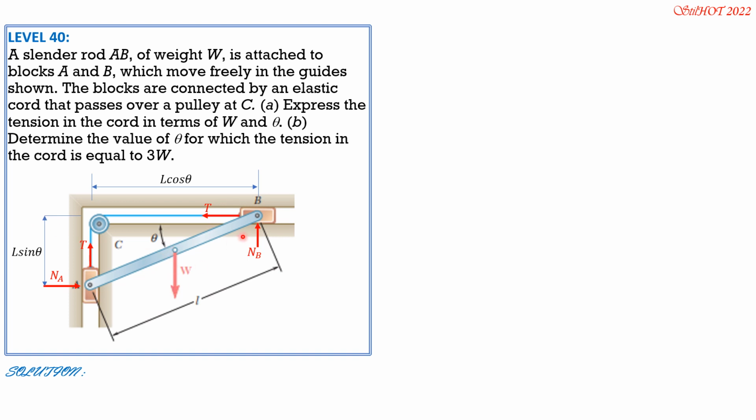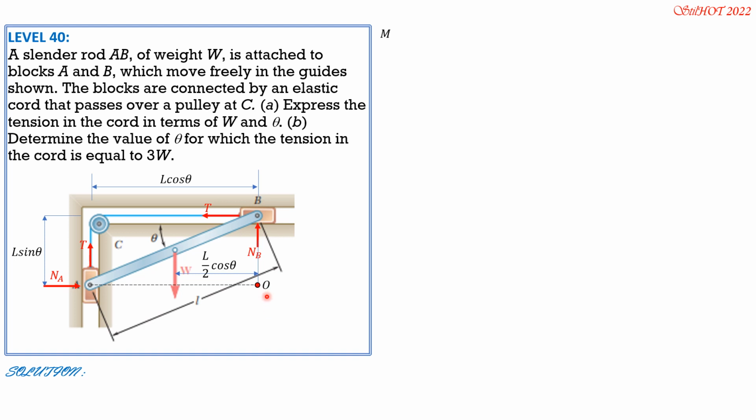And the distance of the weight from B is L over 2 cosine theta. So that NA and NB will not be involved in our derivation for tension T in terms of weight and theta, we extend here so that it will meet with NB, and I'll call that point O.